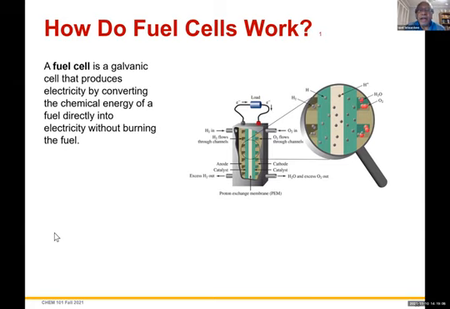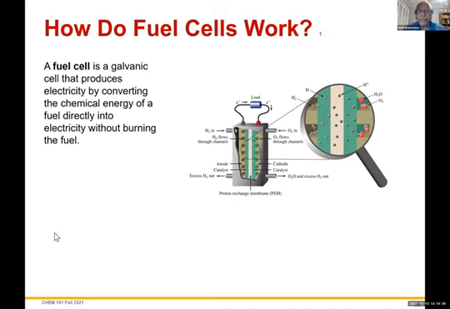Normally, if you burn hydrogen, you have to have oxygen and burn it and get the energy, heat, then run a turbine and produce electricity, like in a power plant. But in fuel cells, two electrodes are made out of electrode reaction, hydrogen and oxygen, separated in two compartments like copper and zinc.